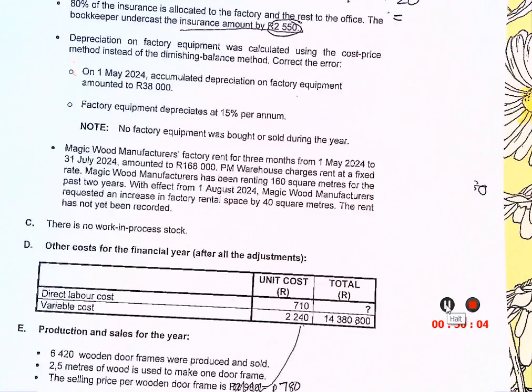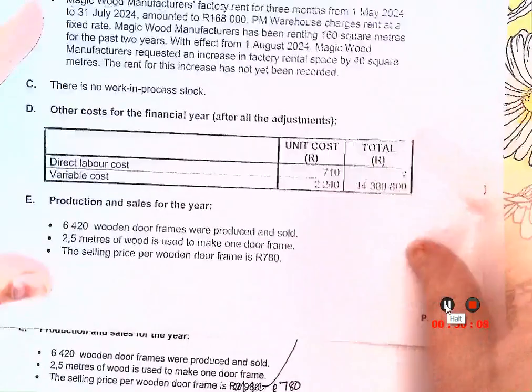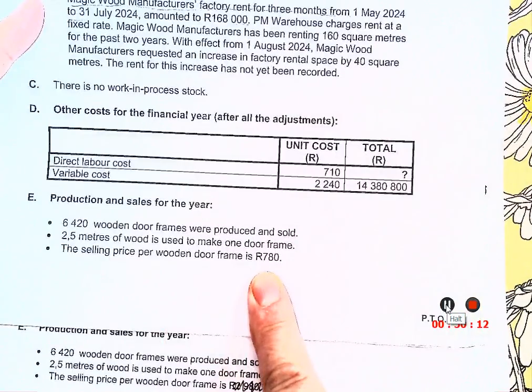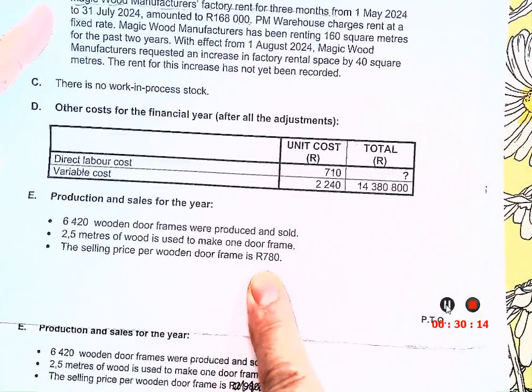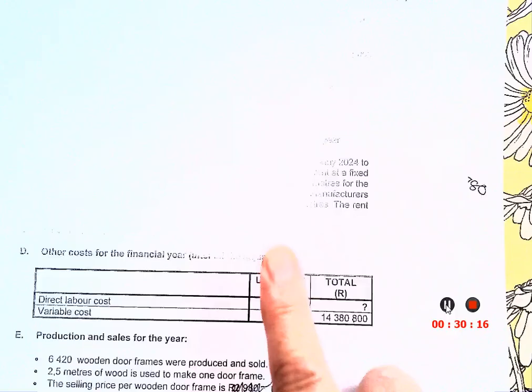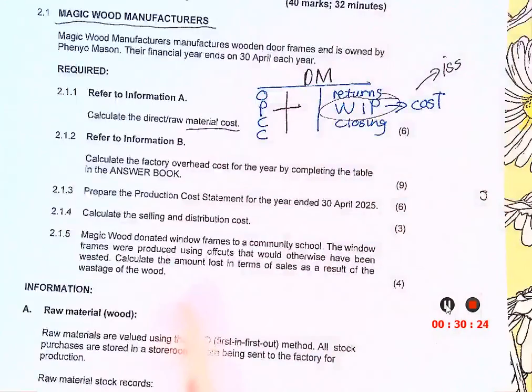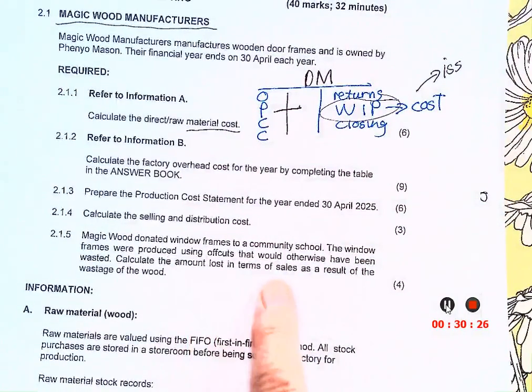Yes. So in other words, what we are saying is that your paper is different than mine. They tell you the selling price is 780. If I read this question, they ask, calculate the amount lost in terms of sales.